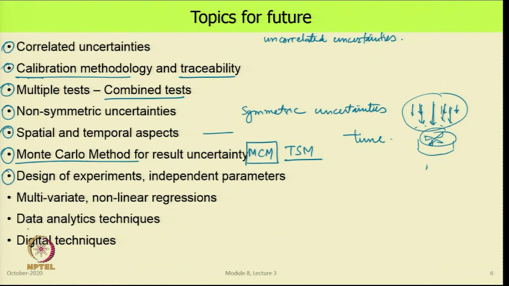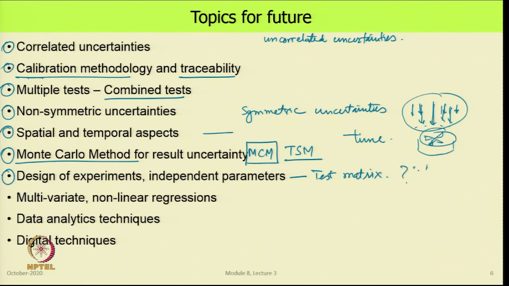Then there are many issues related to design of experiments. We came across this during the design and development of the test plan, the test matrix, at that stage. We only made a mention that there are mathematical techniques by which, instead of running the experiment at, say, a series of 10 parameter values, we could do it at 5 and learn the same thing.